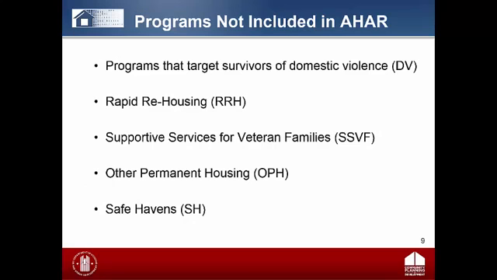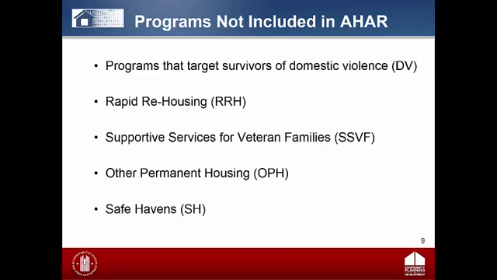There are a few programs which may serve persons who are homeless or formerly homeless and are reported in the HIC but are not reported in this data collection process. Domestic violence or DV programs, often called victim services providers, are prohibited from participating in HMIS and thus cannot be included in the 12-month estimates.